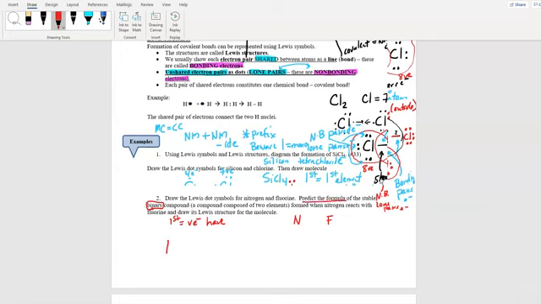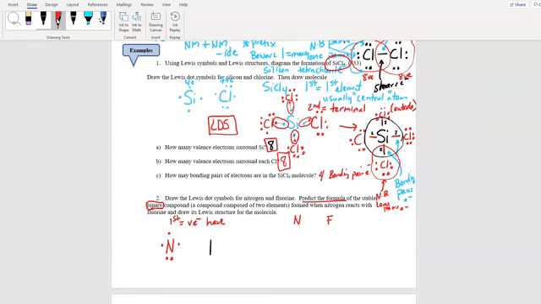Okay, well nitrogen, if you look at the periodic table, he's in group 5A. So he's got 5 valence electrons. Now Mr. Fluorine is in group 7A, so he's got 7 valence electrons. So fluorine's got 7 dots. Okay, so the question is, when they come together, do I need more fluorines, or is 1 fluorine enough?